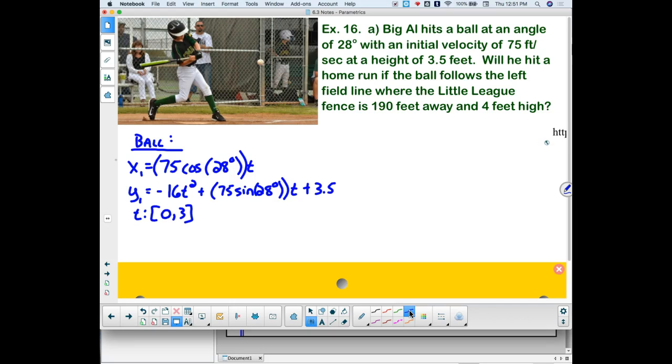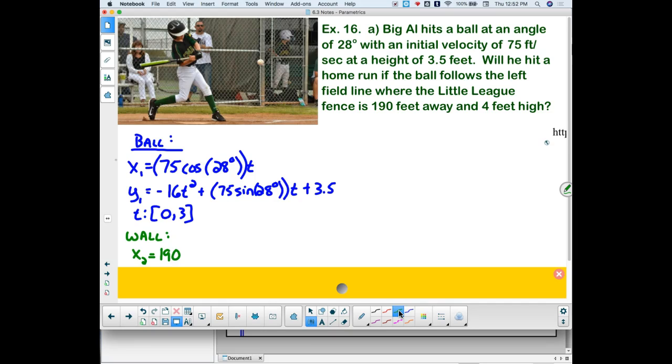I think 3 makes it work. 3 does definitely make it work. And then we've got to do the wall. That's going to give me an x value. I want the wall to be 190 feet away. The y value, I need the wall to be 4 feet. So I'm going to go with t there again. And my t, oops, that should be an equals, not a dash. And my t values, I'm going to go from 0 to 4.